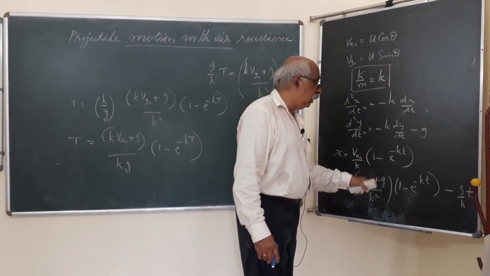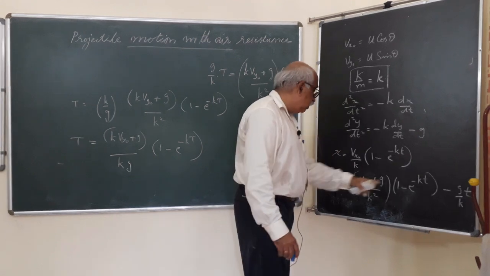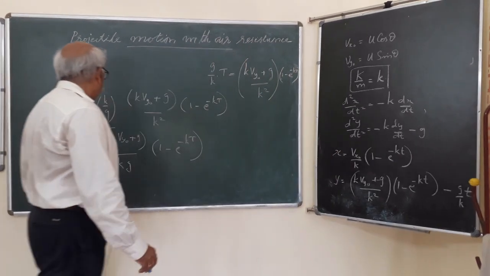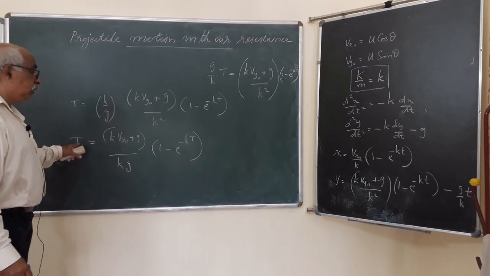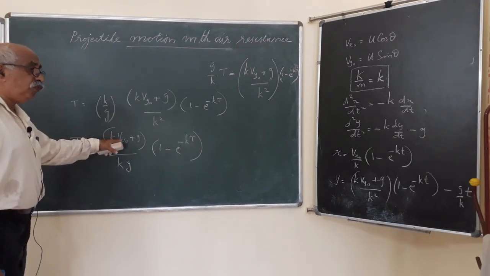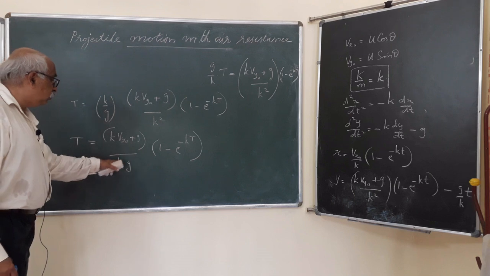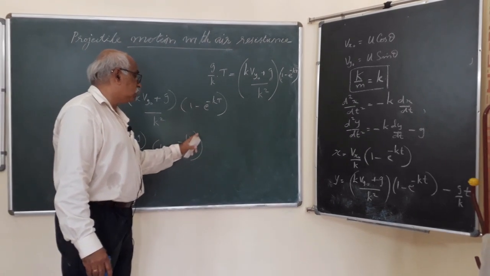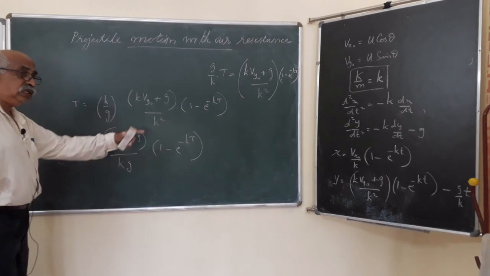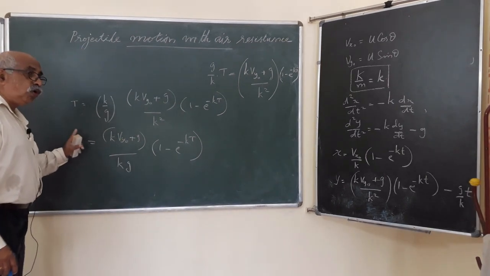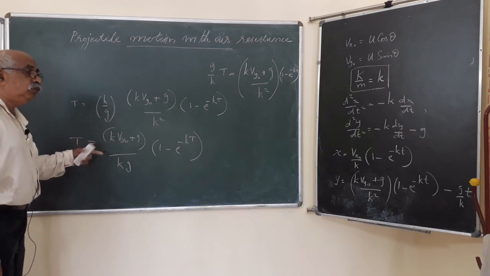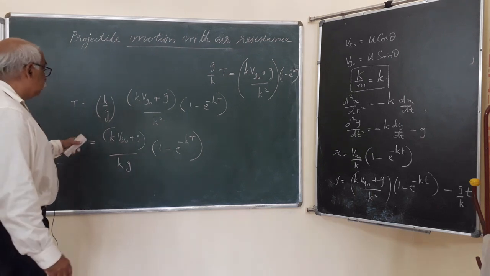Another is at a time capital T, when this expression becomes 0. By setting that equal to 0, we solve for capital T. Capital T is equal to (k Vy0 plus g) divided by kg multiplied by (1 minus e raised to minus kT). This is a transcendental equation which can be solved either graphically or by using a computer program and numerical techniques like the Newton-Raphson method.